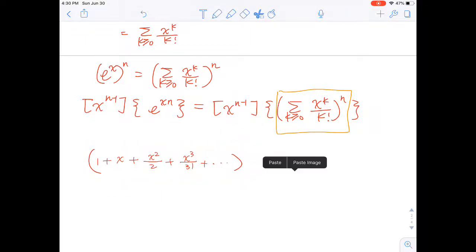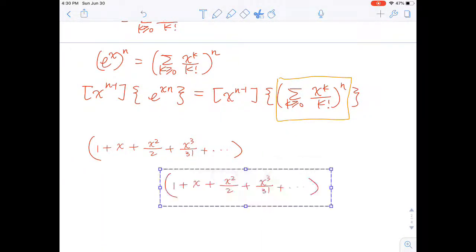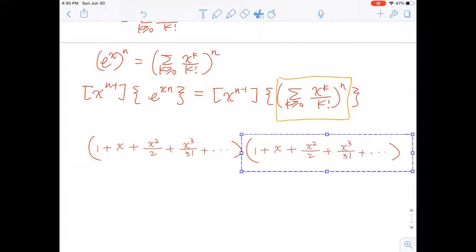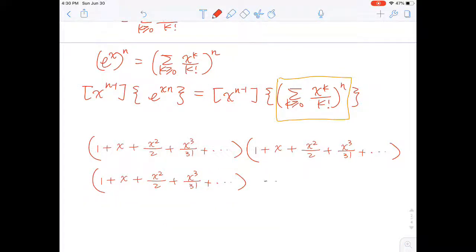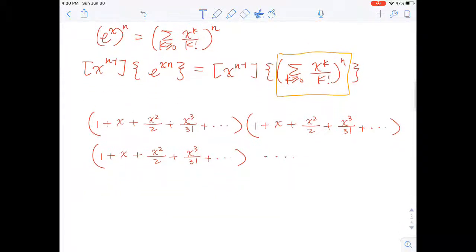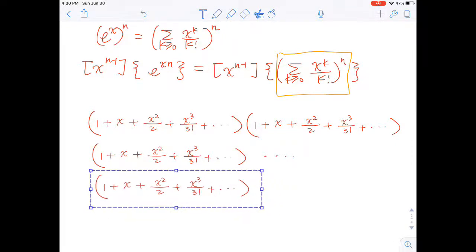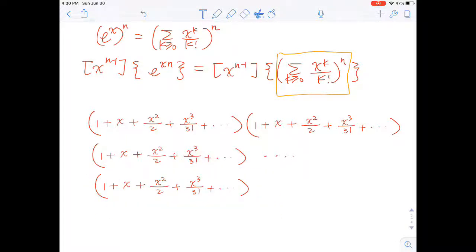So when I write out the summation, it's something like this. We will have 1 of those, 2 of those, 3, and dot dot dot, and then we have our final, the nth one. So there are n such parentheses in total. And how can we get n minus 1?